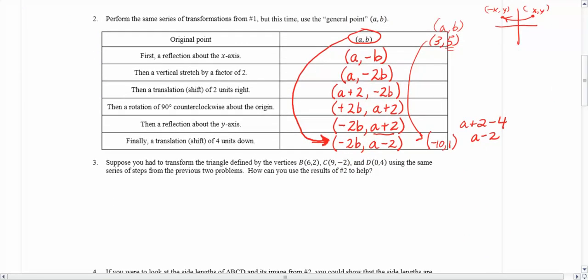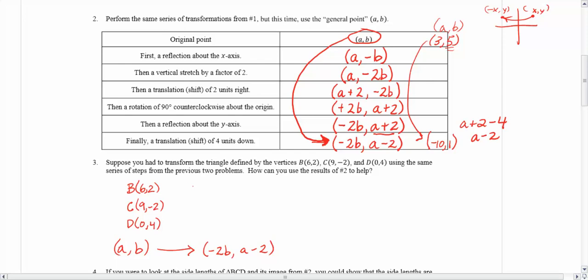Because in part 3, it says, transform the triangle with B (6, 2), C (9, negative 2), and D (0, 4), using the same steps. Well, we already have a blueprint here. We know that (A, B) is supposed to turn into (negative 2B, A minus 2).